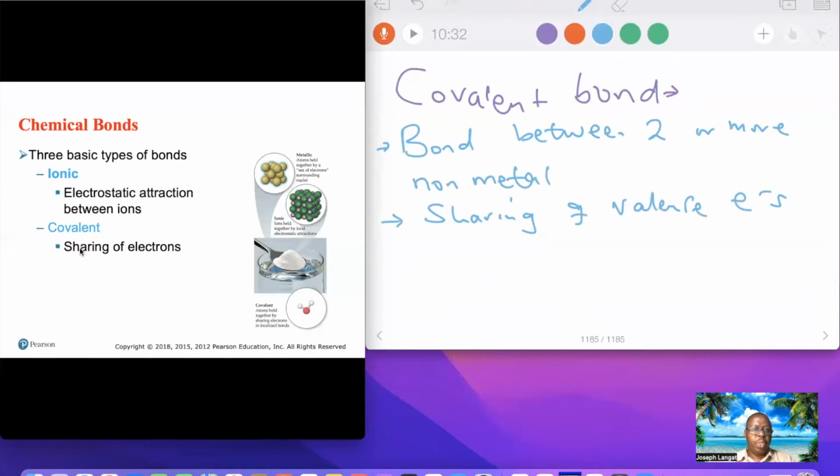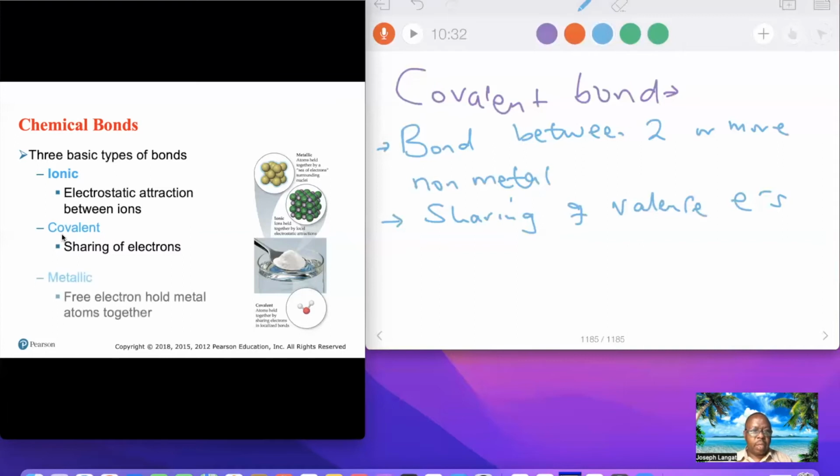So here, non-metal atoms share their valence electrons in the outermost shell to fulfill the octet rule. An example on the diagram is this water molecule you see here. Water molecule is made up of hydrogen, the white sphere, and oxygen. The type of bond you see here is the covalent bond.